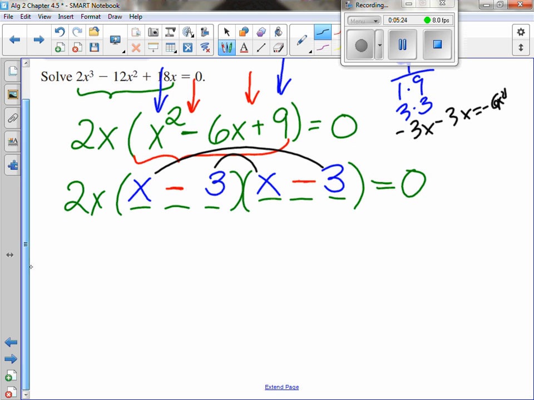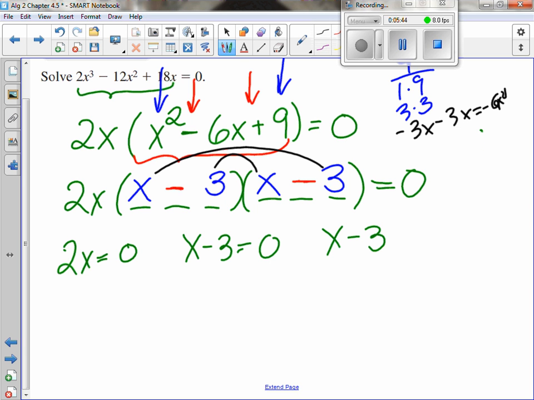Our zero product property says that whenever I have two or more things multiplied together and they equal 0, one of them has to be 0. So that means I can set each one of these equal to 0, because the zero product property is telling me that one of these has to be 0 in order for this equation, 2x times x minus 3 times x minus 3 equals 0, to be true.